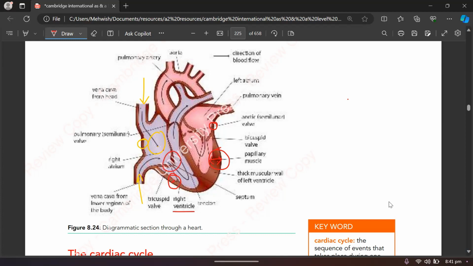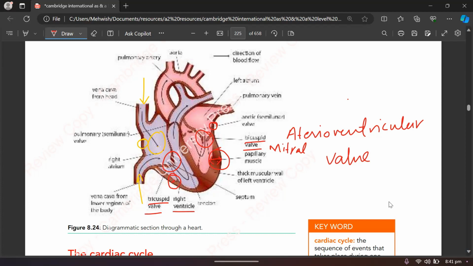And these valves are present between the atria and the ventricles, and they are called atrioventricular valves. The right one is called the tricuspid valve, and the left one is called the bicuspid valve, or sometimes the mitral valve.